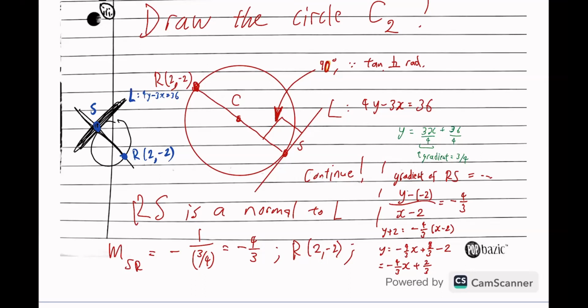Not sure, huh? But let's label whatever we know first. We know the equation of SR, right? Okay, label. Let's say L2, this one L1. L2 is y equals -4/3 x plus 2/3.